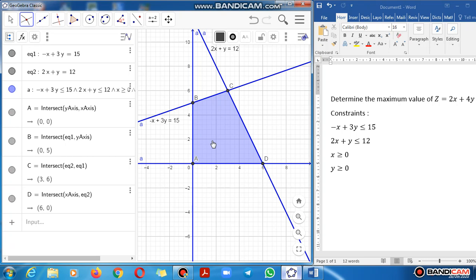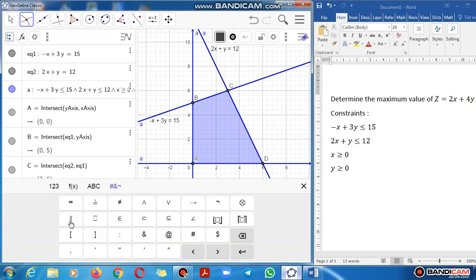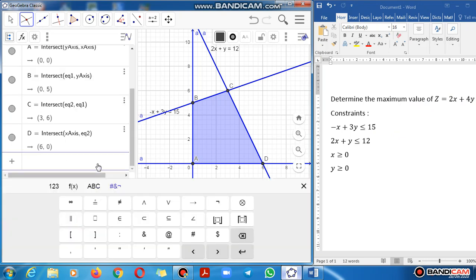To determine the maximum value of the objective function, we input the objective function. We have 2x plus 4y equal to k.